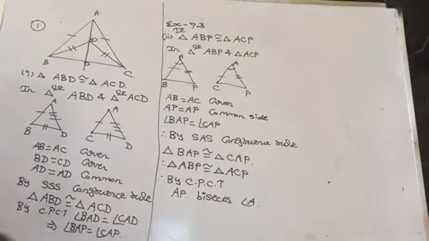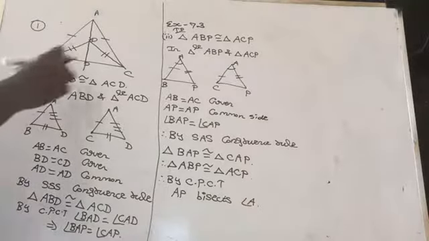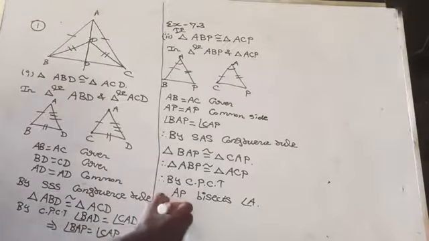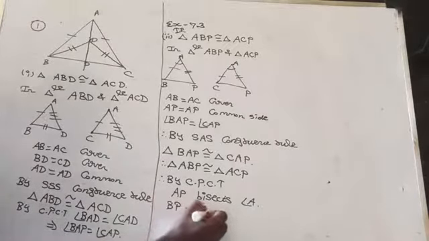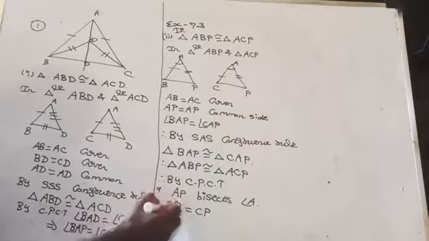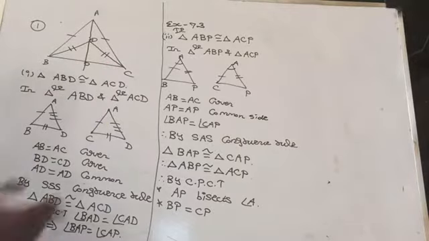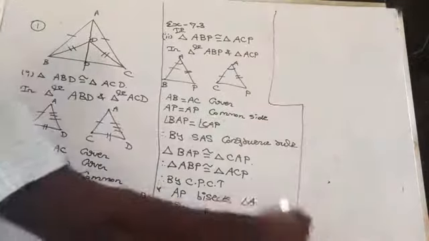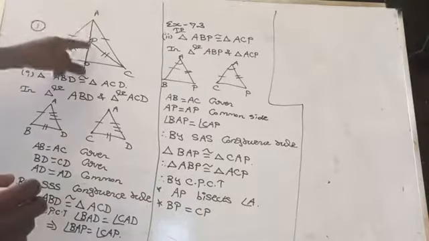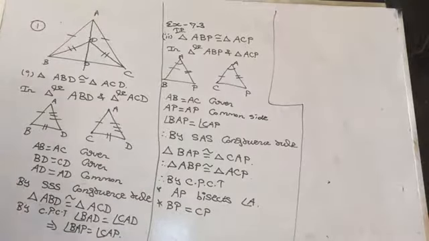And then in the third part you have to show that AP bisects angle A as well as angle D. Here you can also say that BP equals CP by CPCT. For angle D, I am going to consider triangles BDP and CDP.